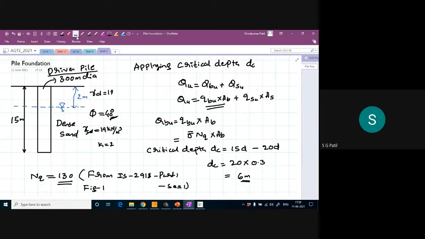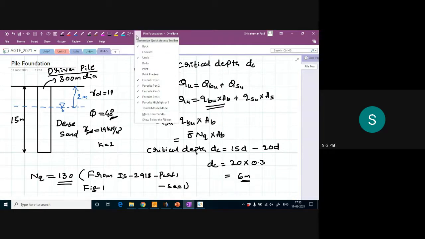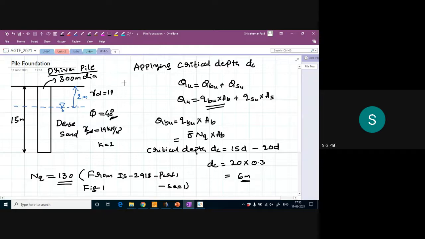So first, up to 2 meters the soil is dry. So for that I will calculate now. Up to 2 meters first.